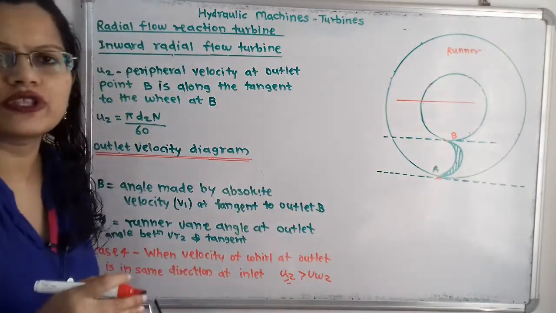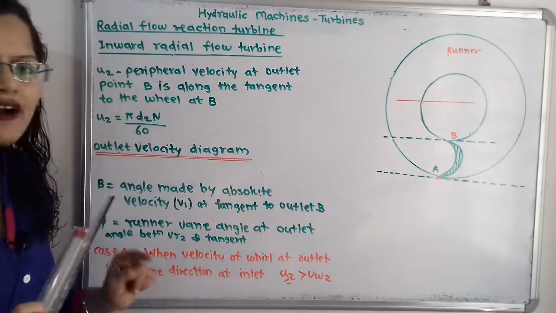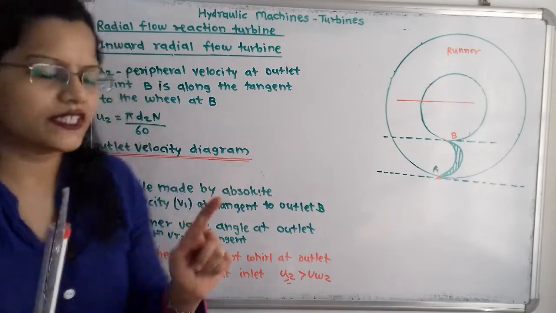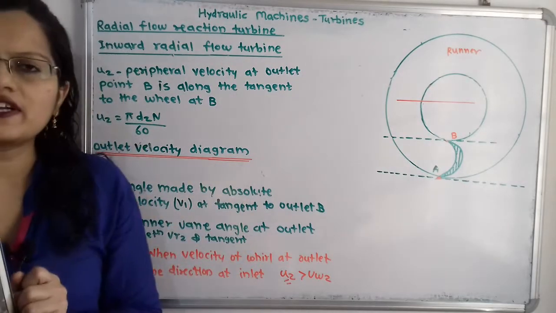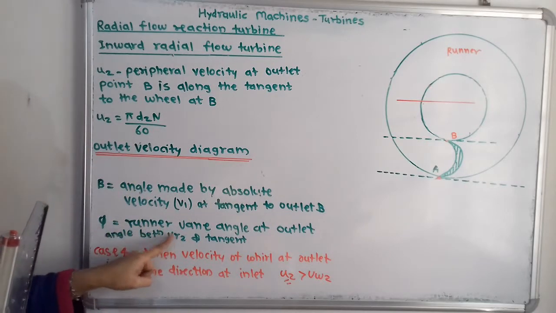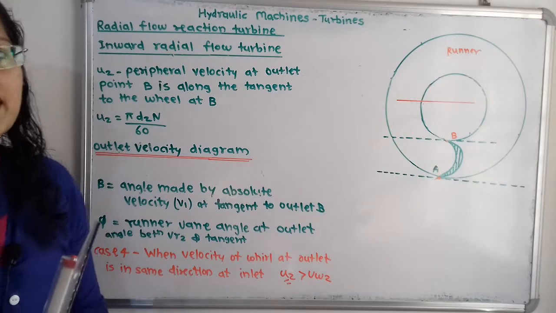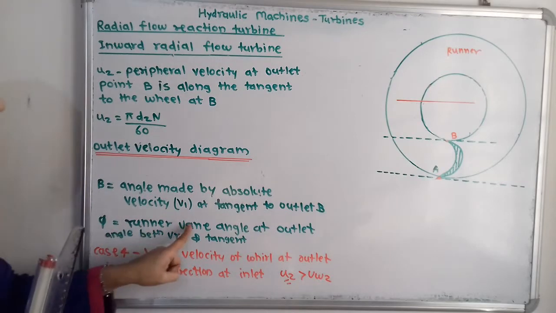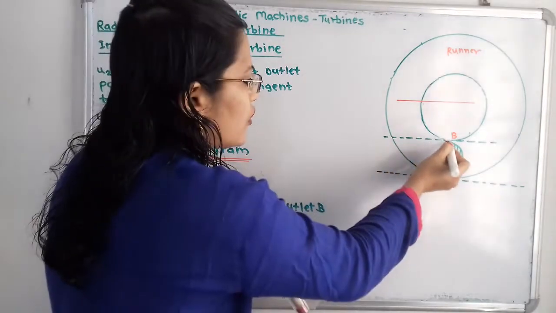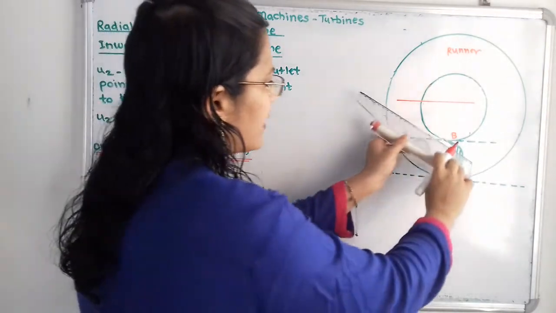So how to show that? For that we have to take one relative velocity. How to plot the relative velocity? We can plot it with the help of angle phi, and this angle phi is the runner vane angle at outlet. So here we have to draw one runner vane angle at the outlet.